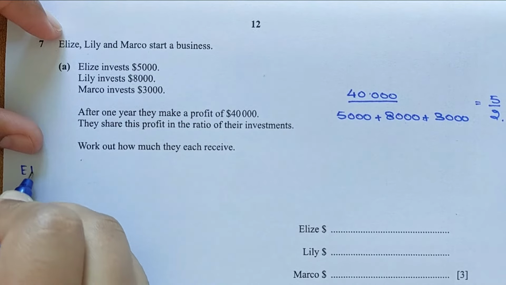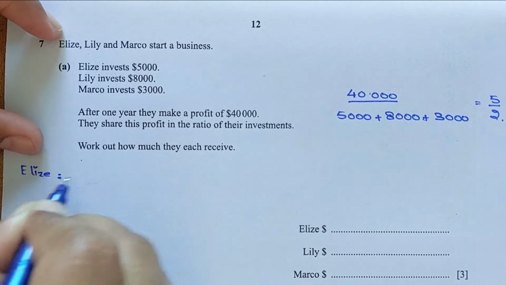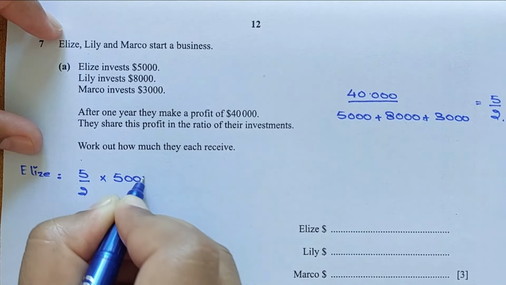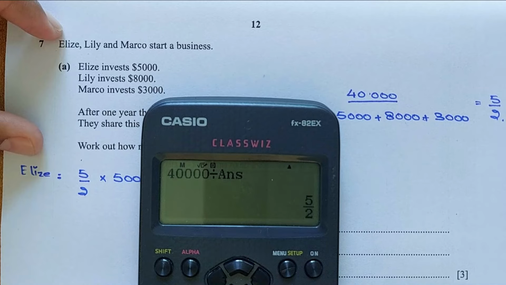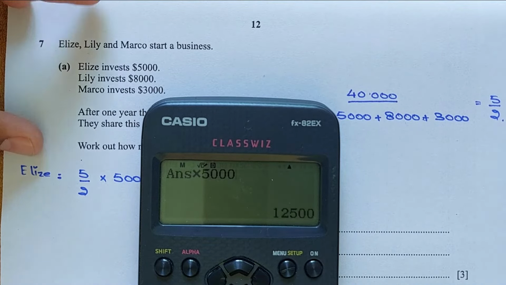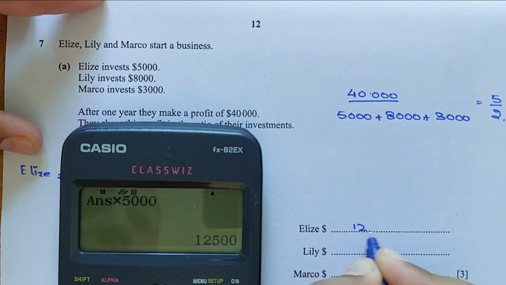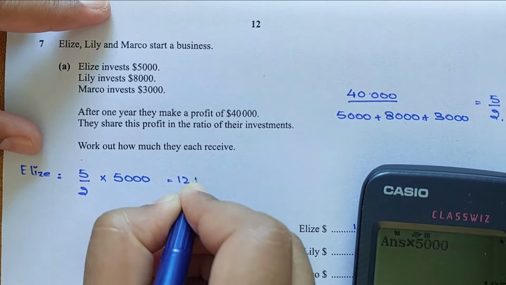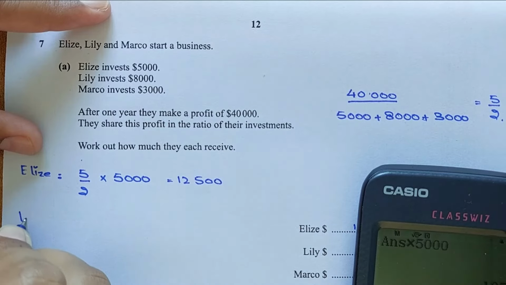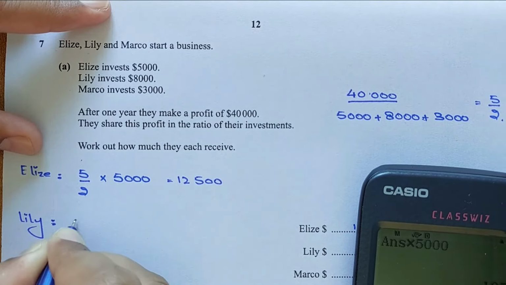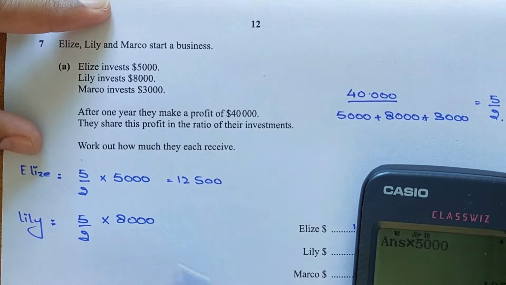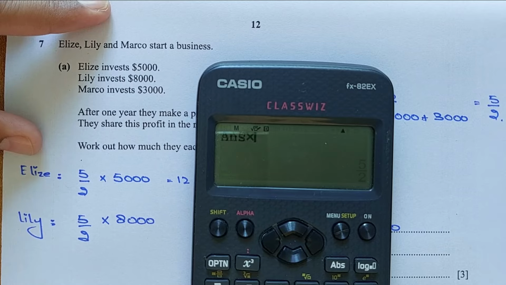So for Elise, 5 by 2 of her investment, which is 5,000. 5 by 2 of 5,000 is 12,500. Lila, 5 by 2 of her investment of 8,000 is 20,000.